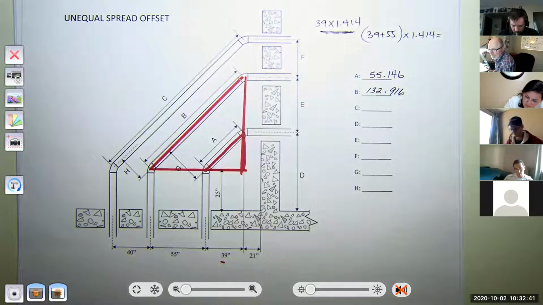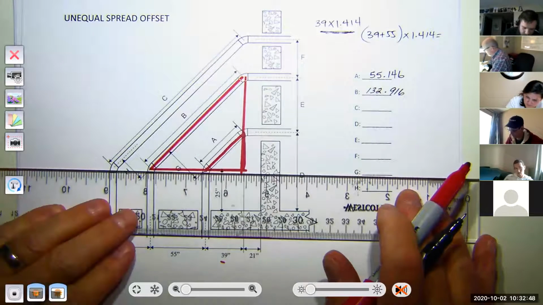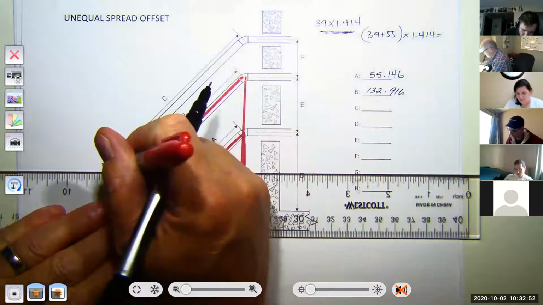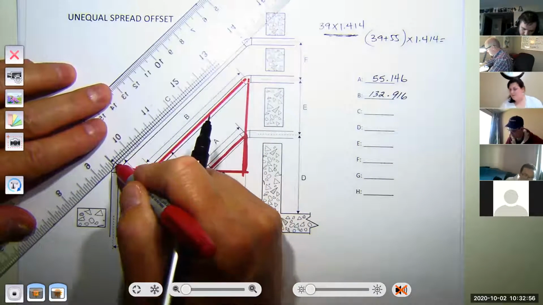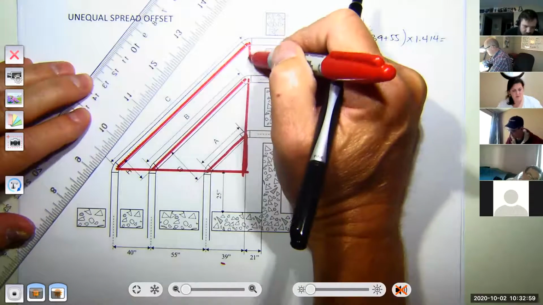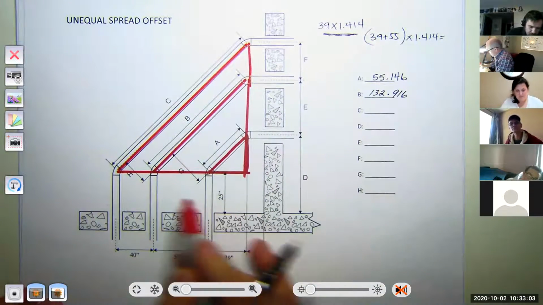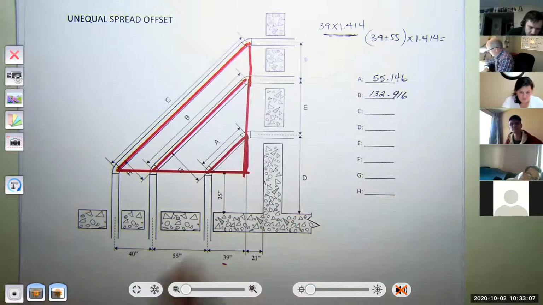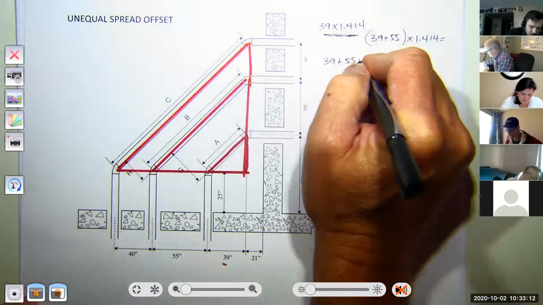Yes, sir. And now I'm going to solve for C, and I simply draw another bigger right angle triangle. And there's C. So we take our run here. Our run here is 39 plus 55 plus 40.